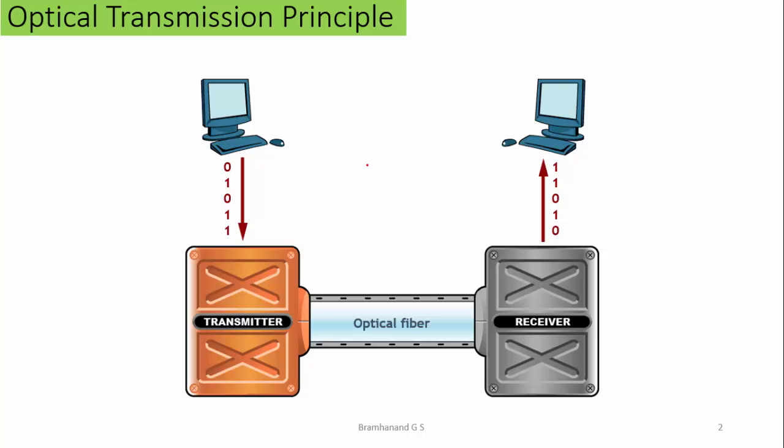The basic transmission principle of fiber optics is the transmission between a transmitter and a receiver over optical fiber. The media of transmission is optical fiber, wherein my data is transported as light.